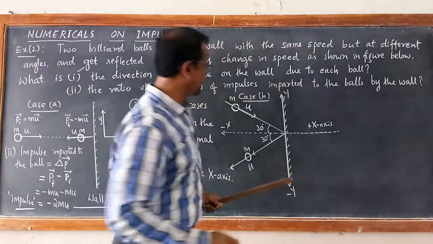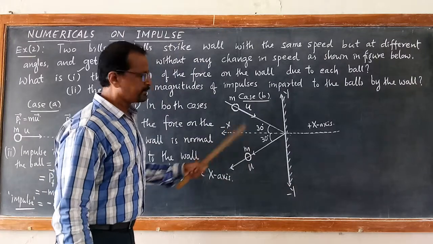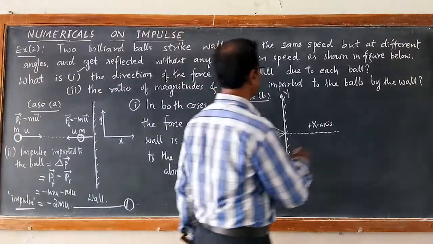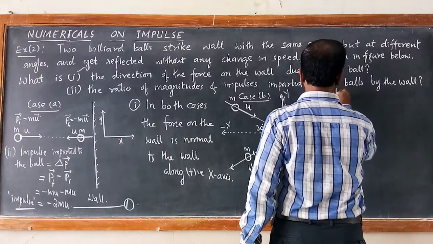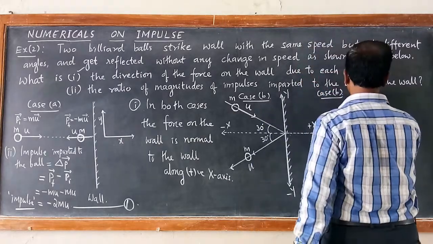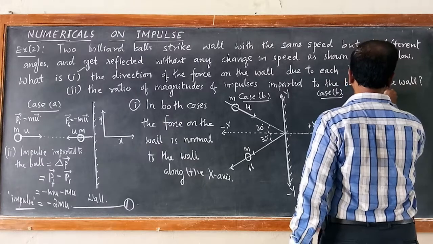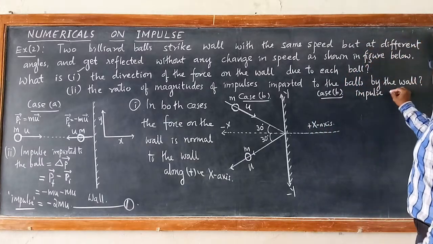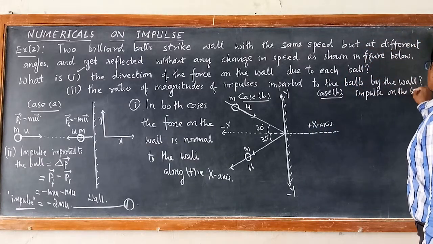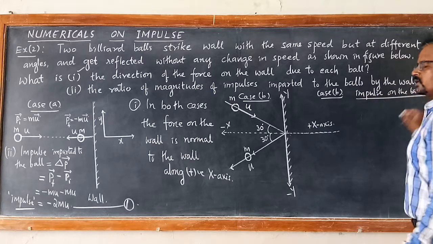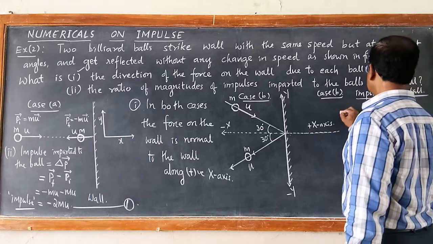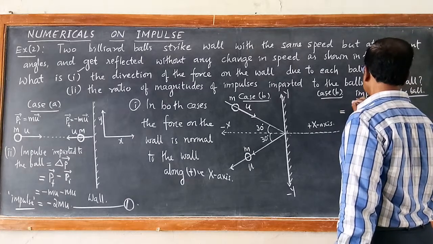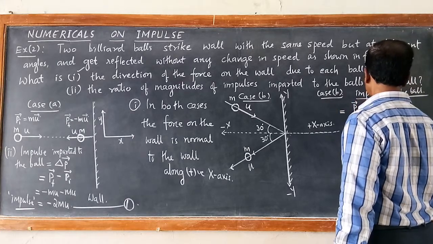So in order to calculate the impulse imparted, in the same way, I can write here in case B. Impulse on the ball due to the ball is again Pf vector minus Pi vector.